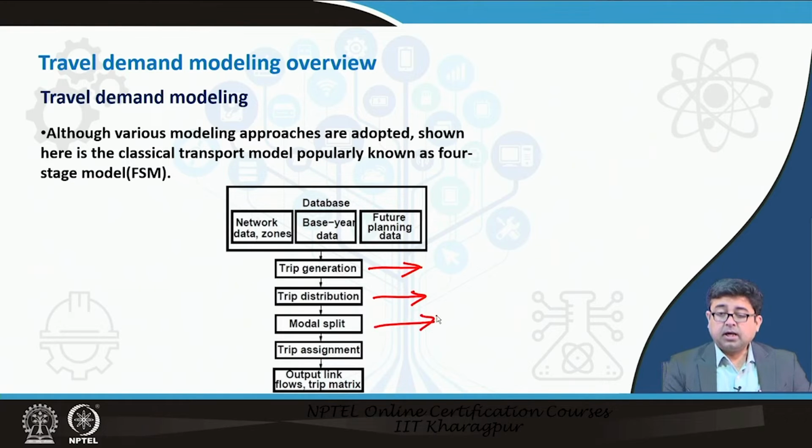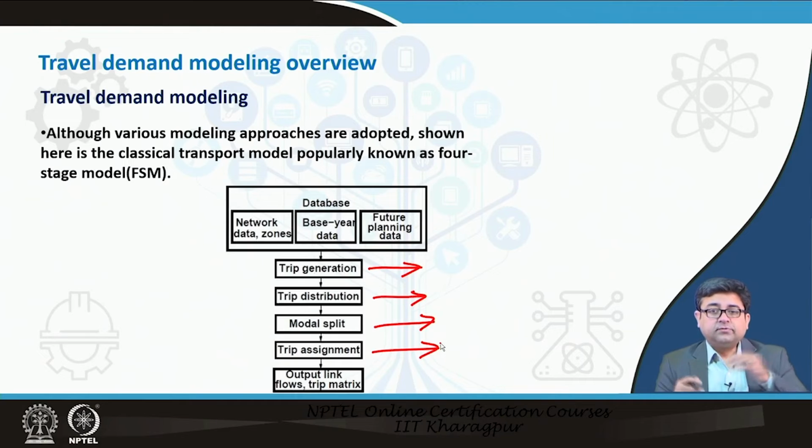The third step is understanding the modal split, or the choice of mode that you want to take, and finally, the transportation network that you will be using when going from your origin to your destination. By knowing these four steps, you can, at a macro level, at a city level, or at a municipality level, understand where your traffic needs and transportation needs are.